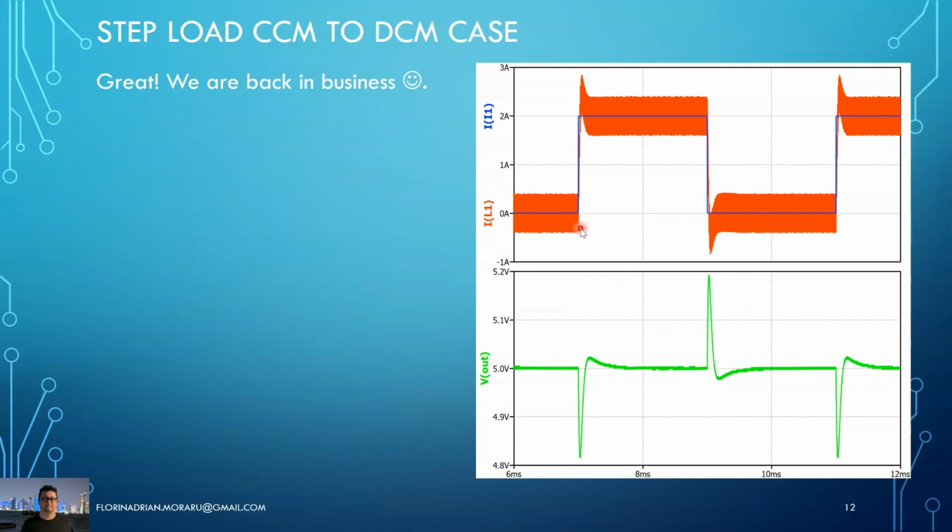Now we have again the same almost 200 millivolt undershoot and overshoot for a load change of 2 amps. So we are changing from 0 amps to 2 amps and back. And, as I wrote here, we are back in business actually.